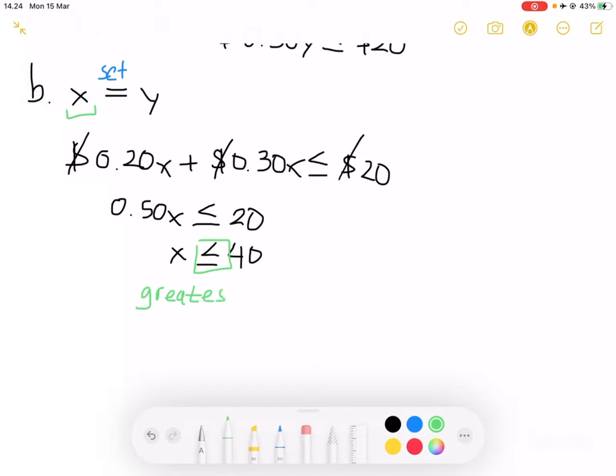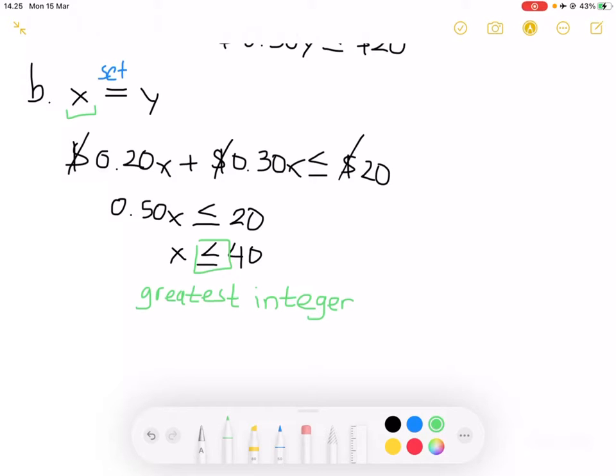And why is it the greatest integer? Well, it is greatest because the sign is a less than or equal to sign, so therefore it must be the opposite. And it is an integer because it wouldn't make sense to have half of an apple in the store, or possibly the square root of 2 of an apple.